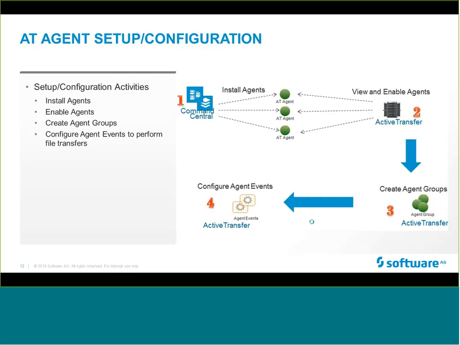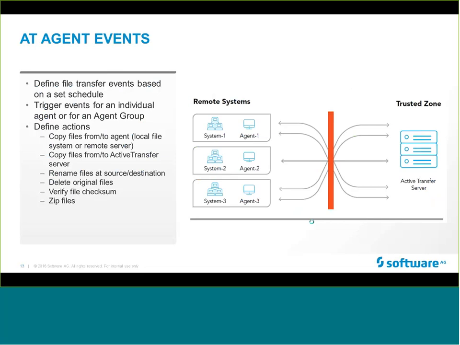Let me touch on the agent events in a bit more detail. Here is where you're actually defining the file transfer events. You could define it based on a set schedule. For example, you may want to trigger the file transfer between the agent and the ActiveTransfer server.